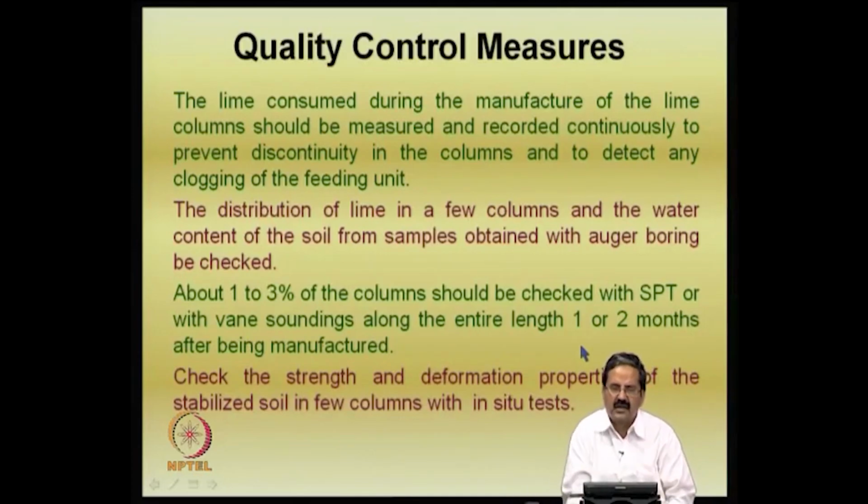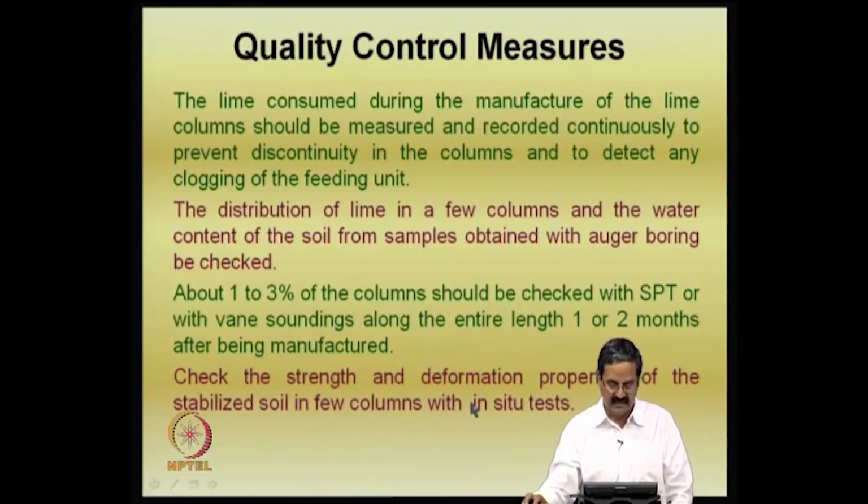Essentially what we are trying to do is that we have too many assumptions in geotechnical engineering. We would like to see if whatever we assume is satisfactory, and we have to make some corrections for that. Then check the strength and deformation properties of the stabilized soil in a few columns with a few in situ tests. Say for example, once the lime columns are poured, you may have to do a plate load test, say for example you have seen the IS code on stone columns, they recommend plate load tests.